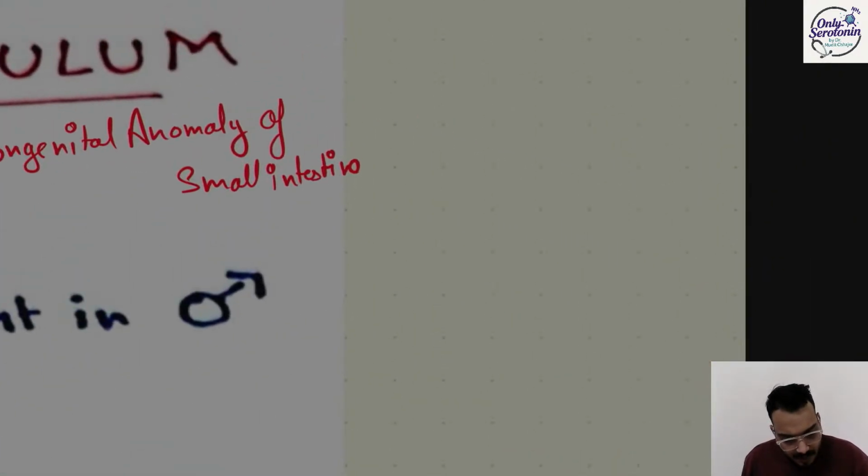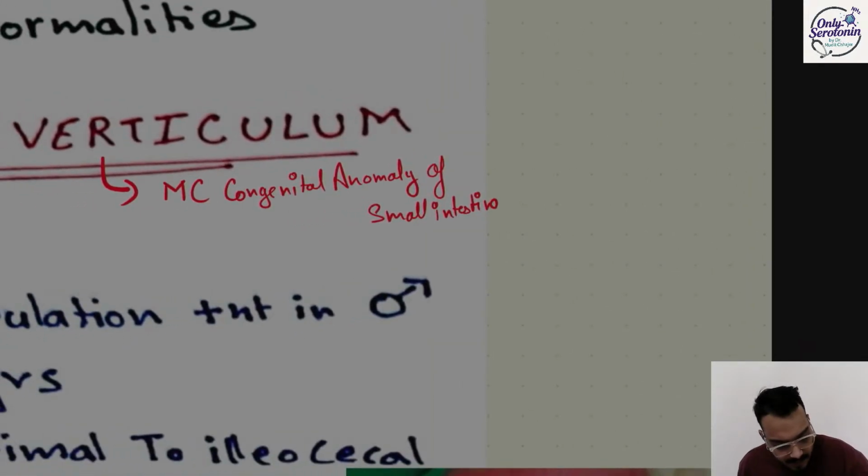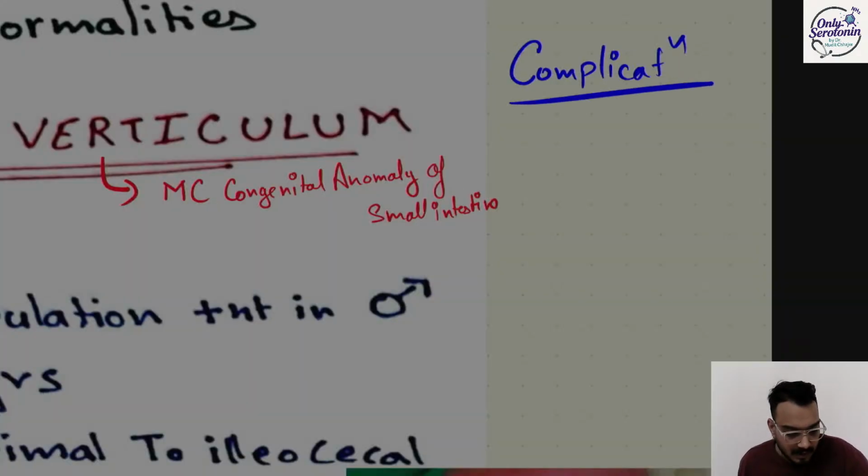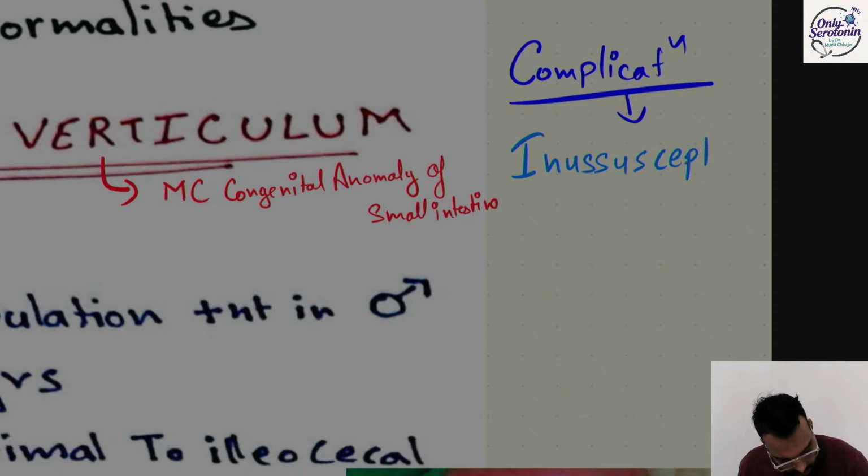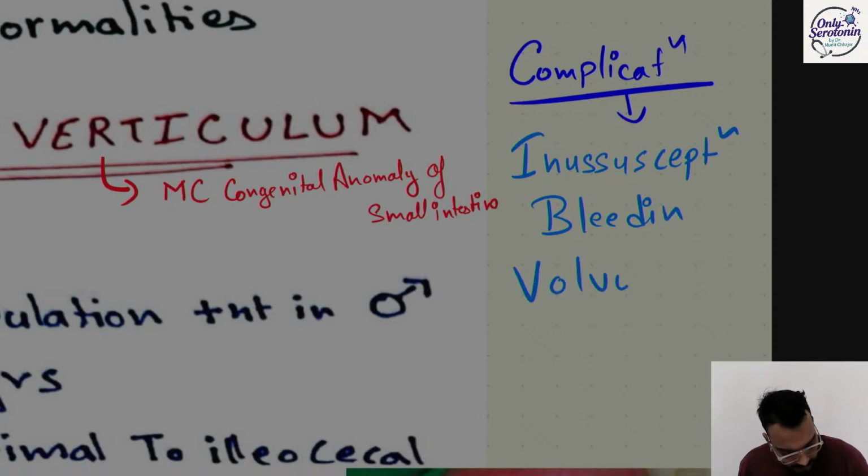What I am trying to tell you here are the complications of this. What are the complications? The patient can have intussusception, the patient can have bleeding, and the patient can have volvulus.